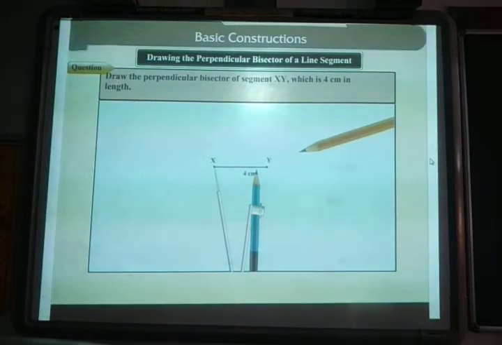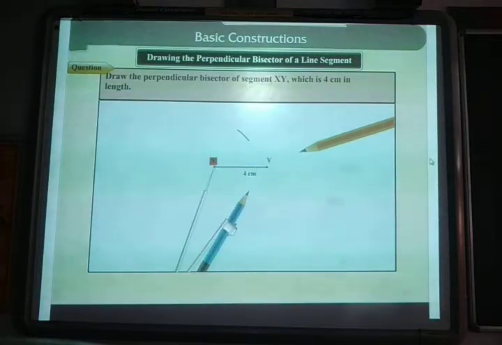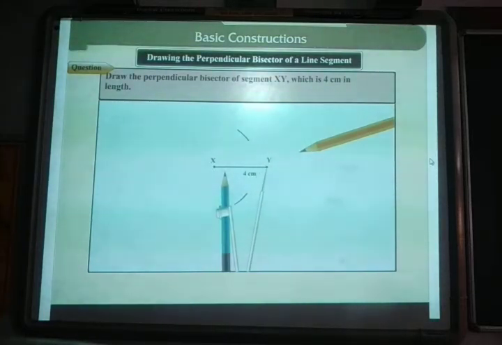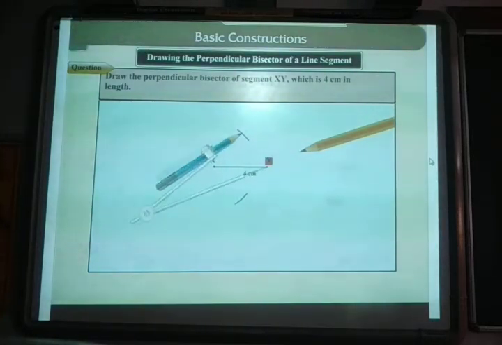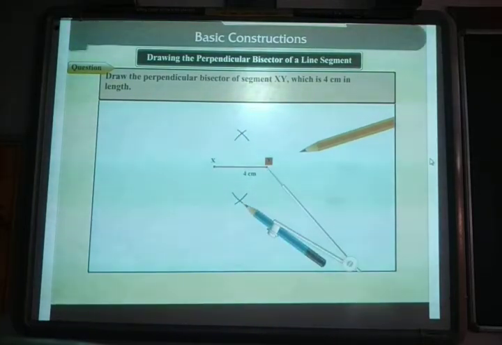Place the compass point on point X and draw an arc on either side of segment XY. Keeping the same span, place the compass point on point Y and draw an arc on either side of segment XY to intersect the previous arcs.